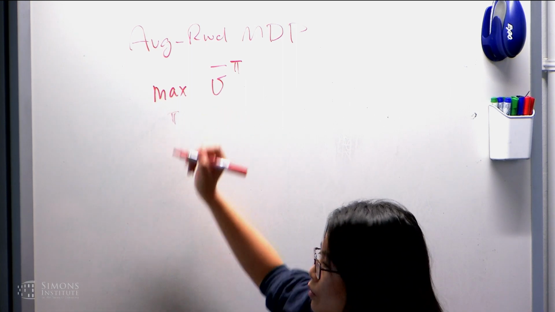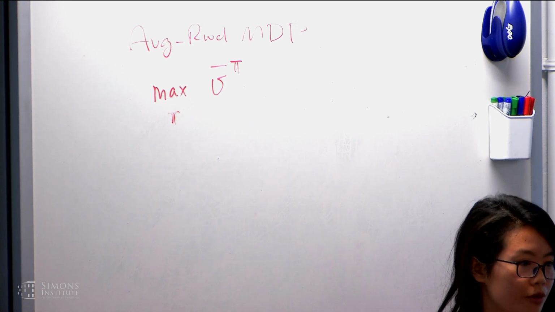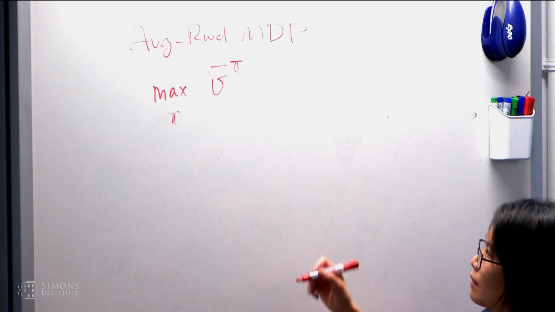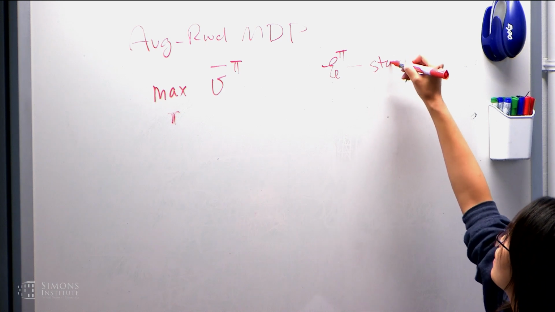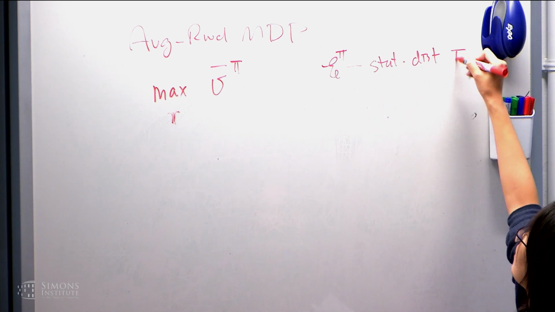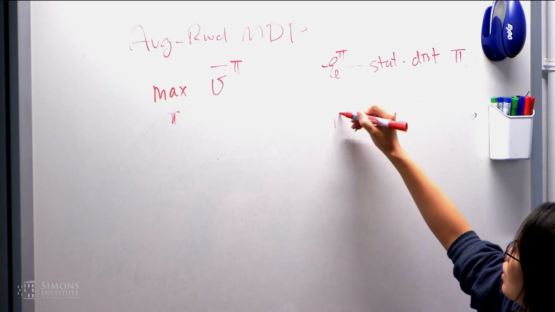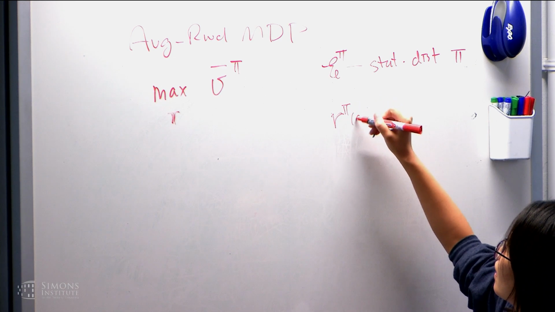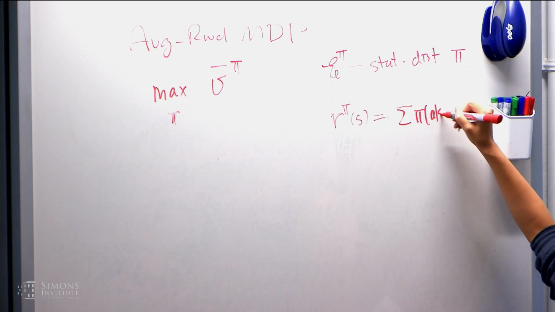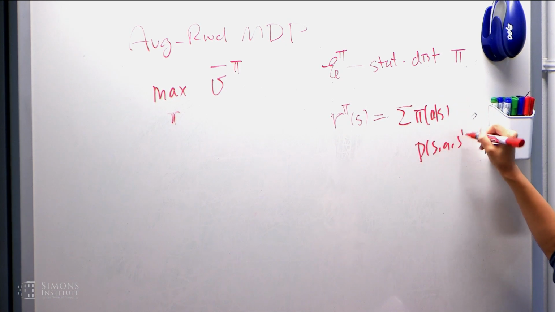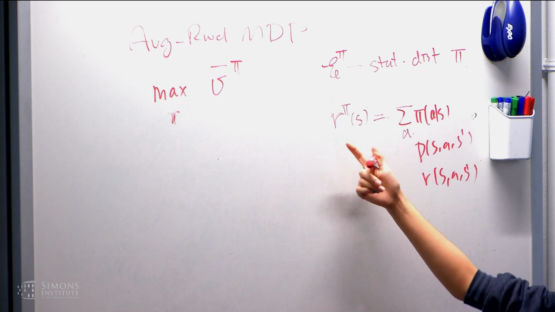So we can derive the dual formulation very easily by checking the stationary distribution corresponding to our policy pi. I'm going to let psi pi be the stationary distribution of states under policy pi, and I'm going to call R pi of S the single state transition reward.